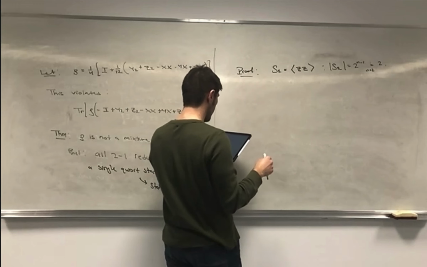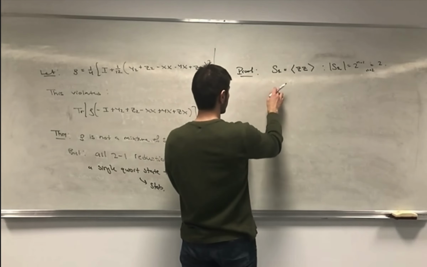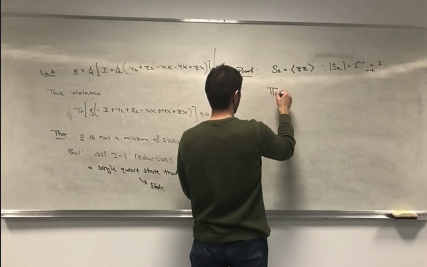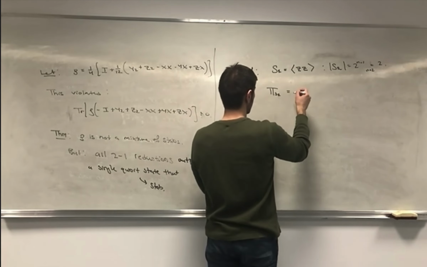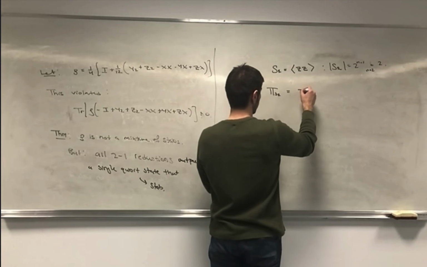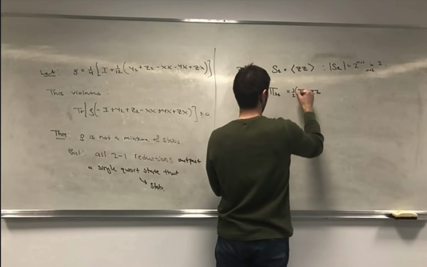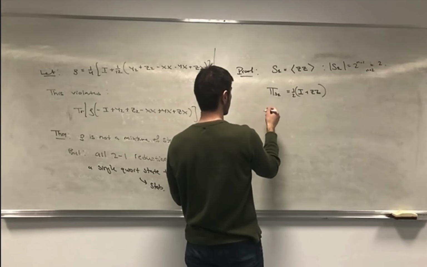And then what we want to do is perform a projection. Let's call it just pi SR. And we are post-selecting on the positive eigenvalue.